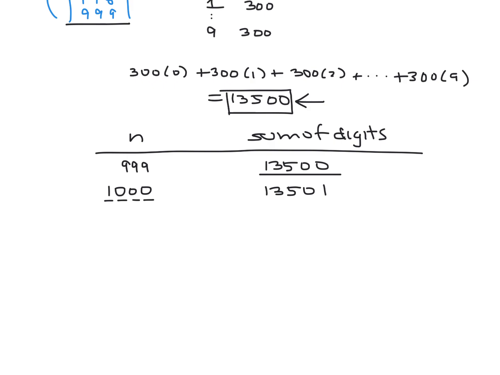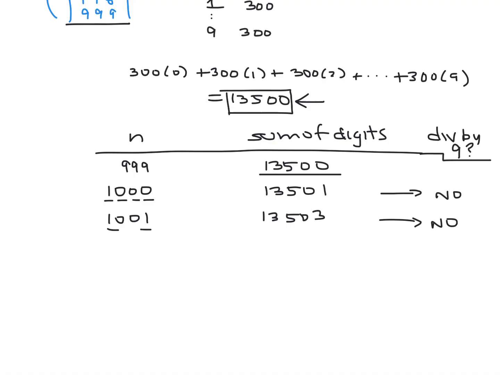And then we have to say, is this divisible by 9? And the answer here is no. So okay, keep going. So 1001. Now the sum of the digits is 13,503 because you're adding another 2. And again, no.